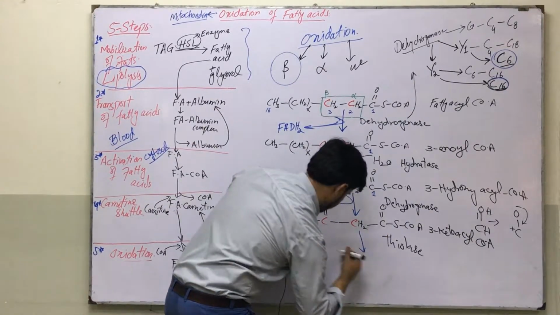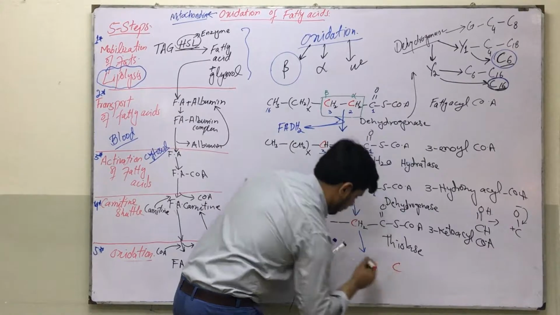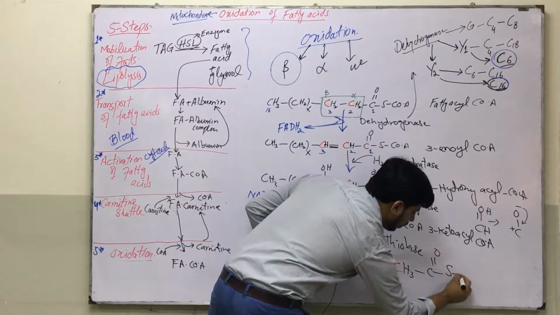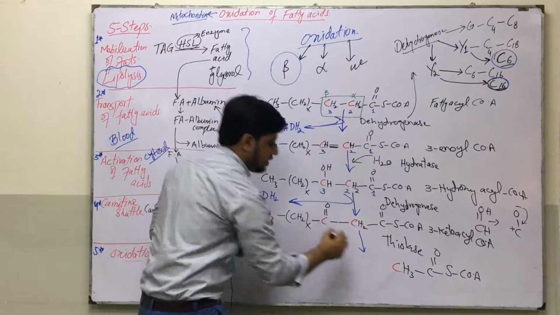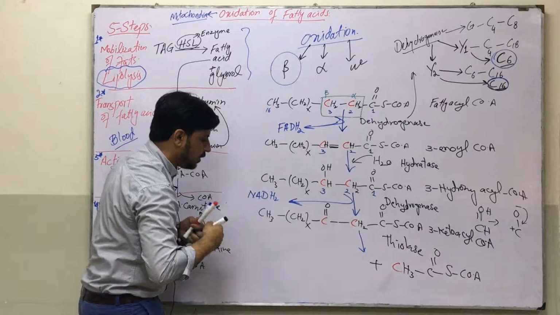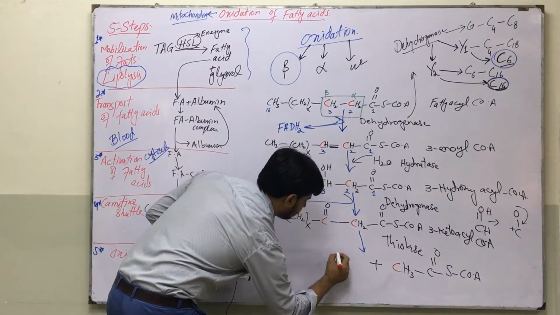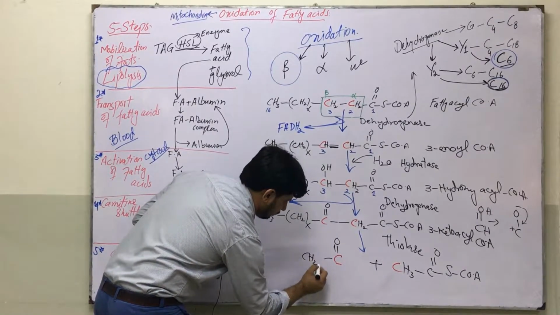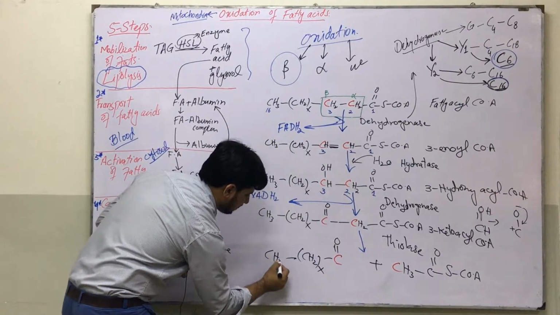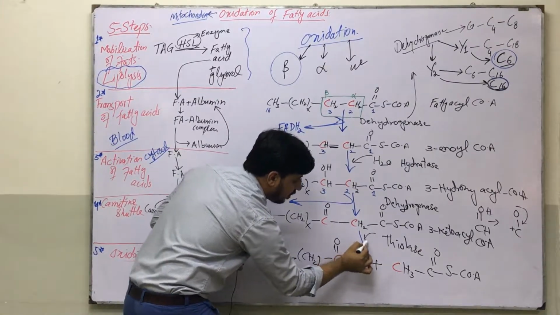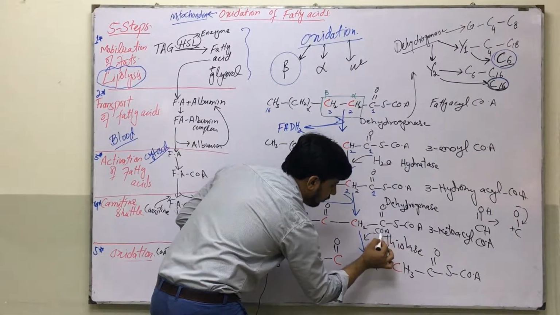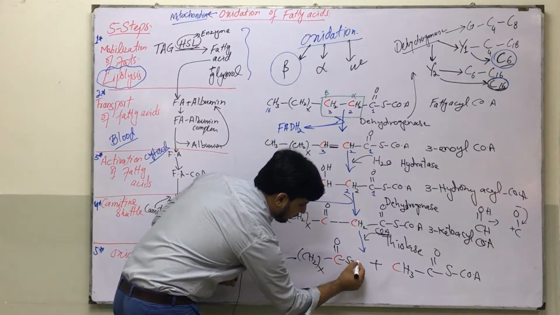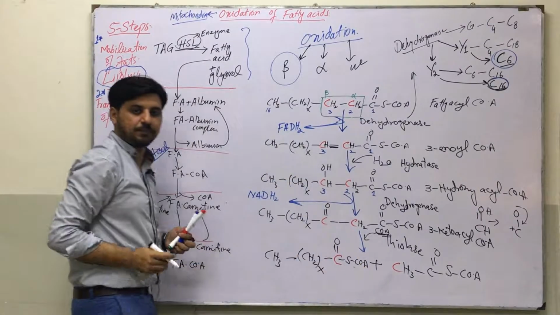So there will be the formation of CH3 C double bond O and the second molecule, and thiolase enzyme will add one portion of CoA, as you can see in the diagram.